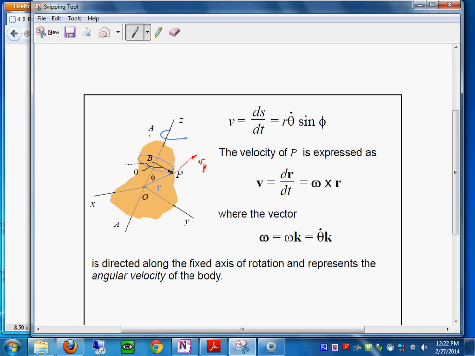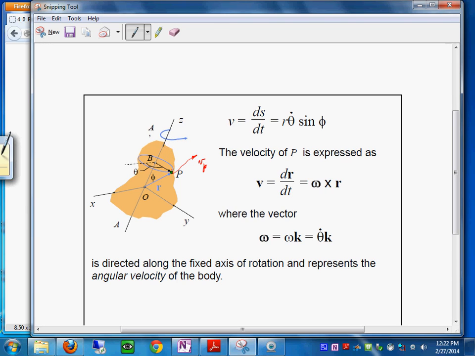You can also write that the velocity of P is the variation of the vector R with time, dR/dt. Because R does not extend, it doesn't change, so R dot is 0, but the change is controlled by this product, omega cross R, where the vector omega is about the Z-axis.